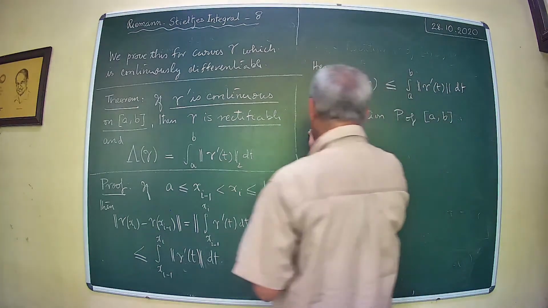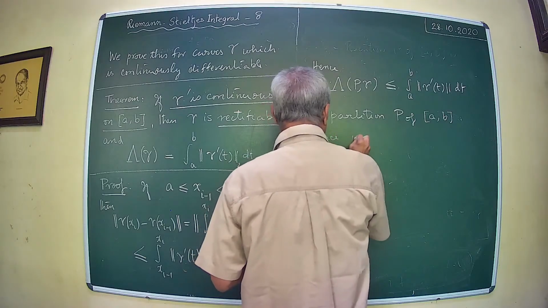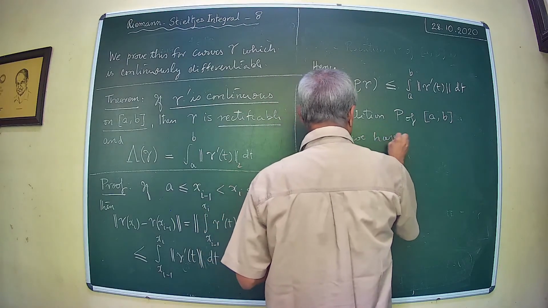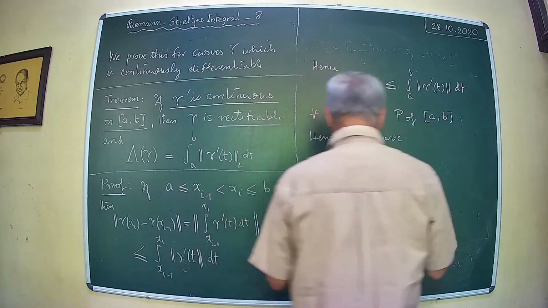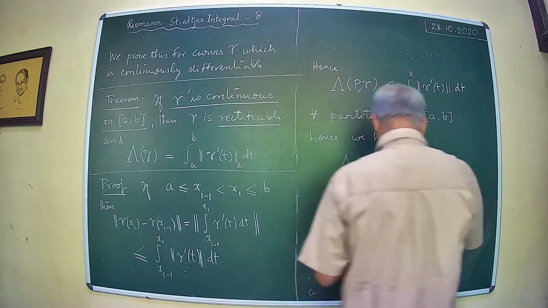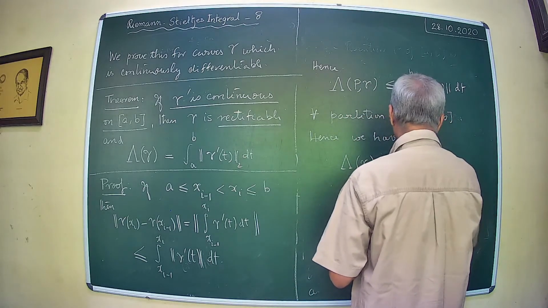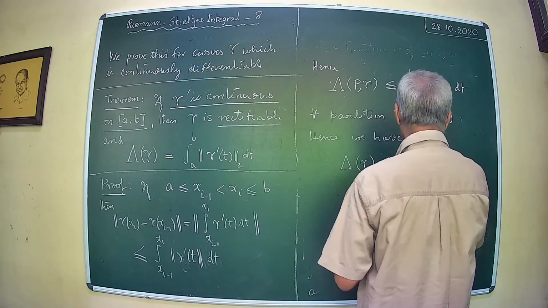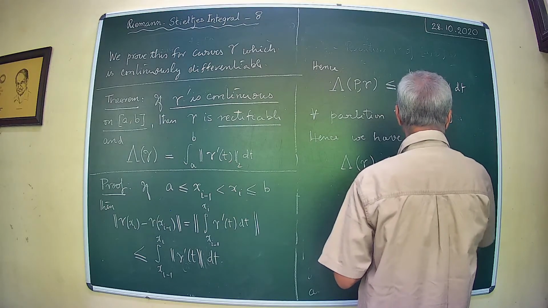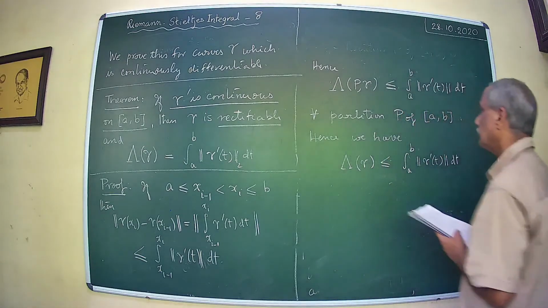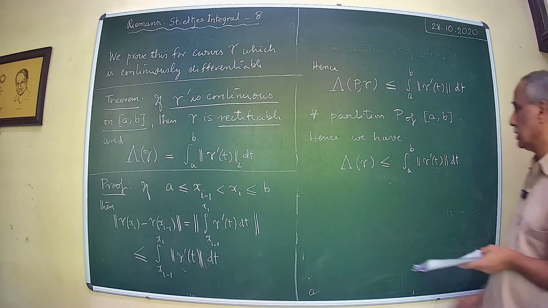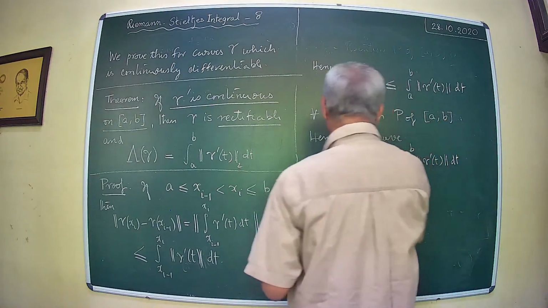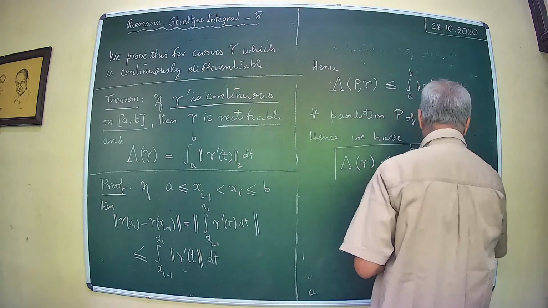Okay, therefore, hence, what we have is lambda gamma is less than or equal to the integral from a to b of the norm of gamma prime, so that gets you the inequality in one direction.